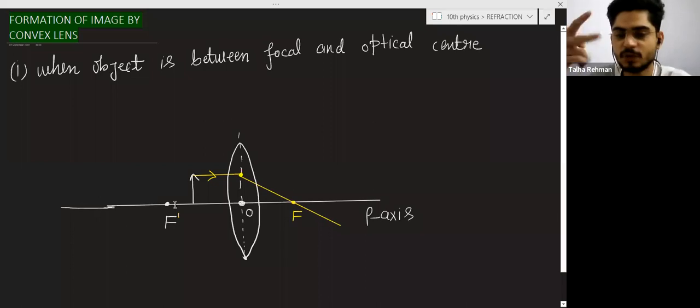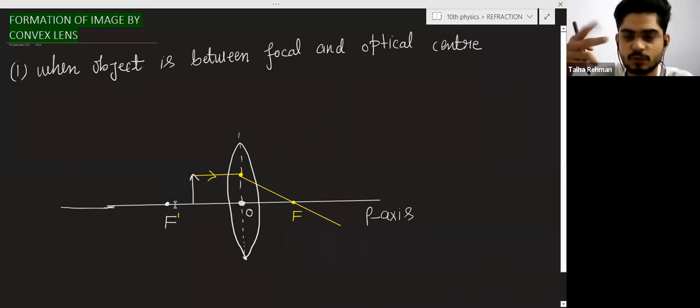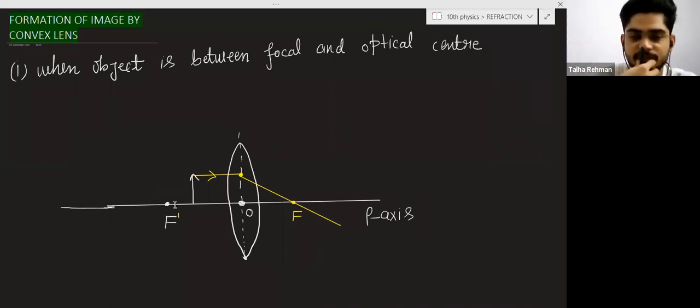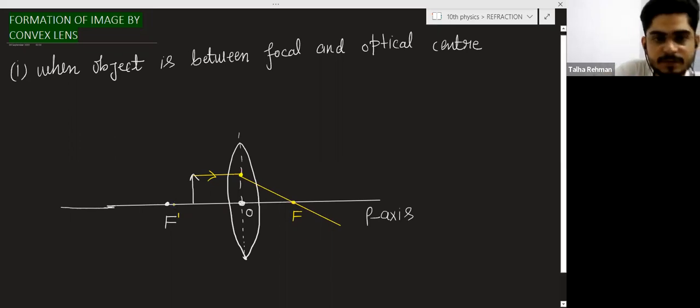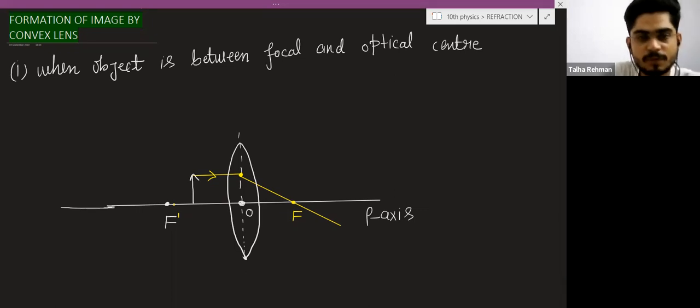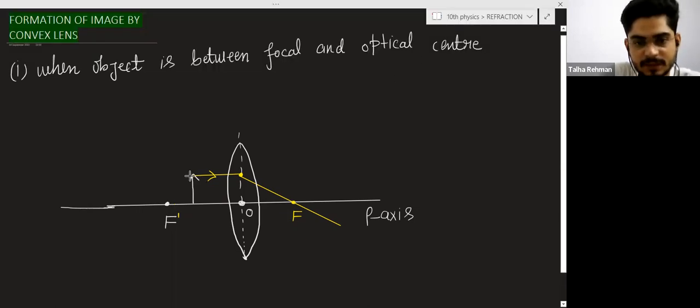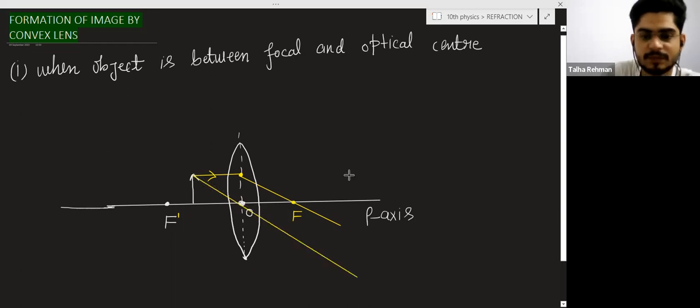There are two foci in a lens. Another ray of light from this object passes through the optical center like this.